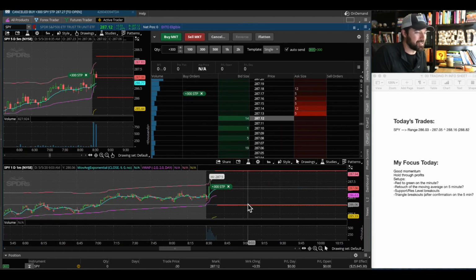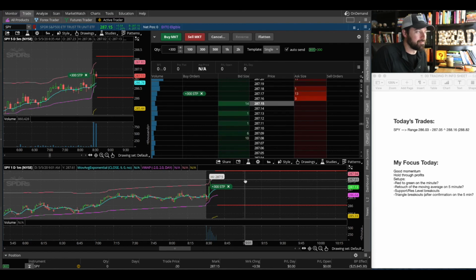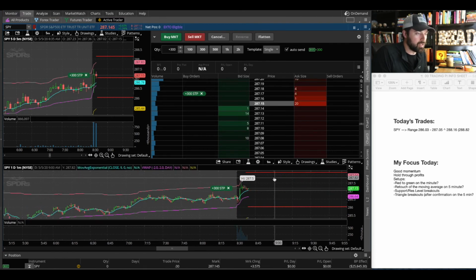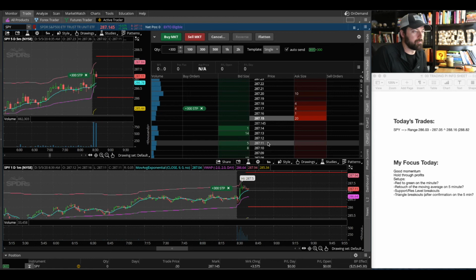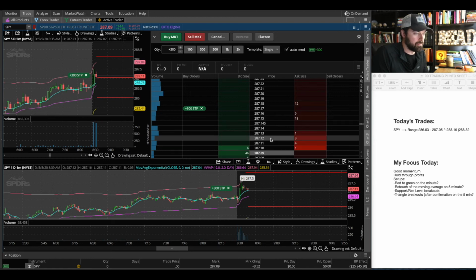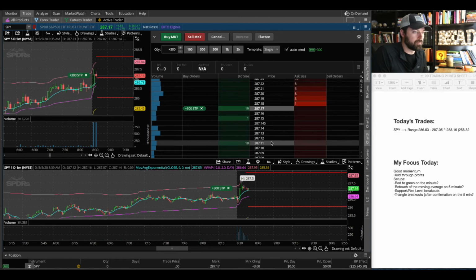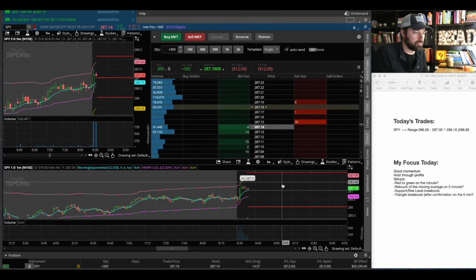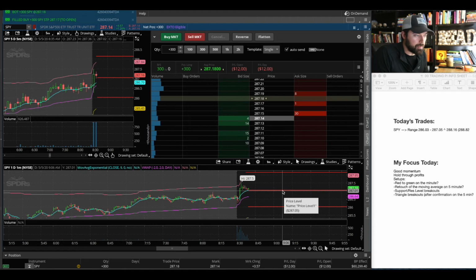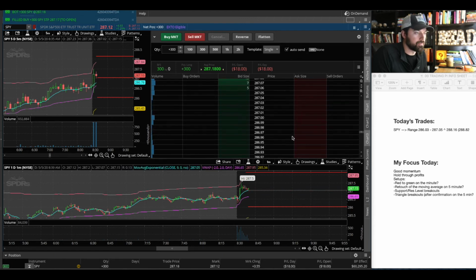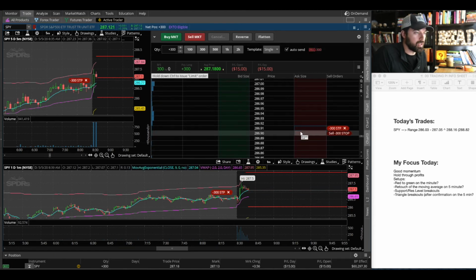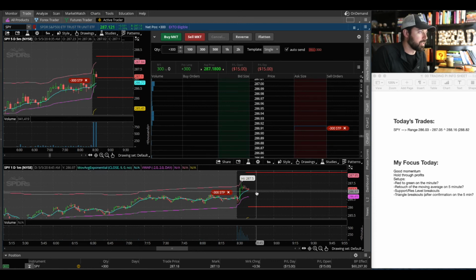It's getting slower. Okay, I'm going to set my stop just below that at 287.01. And because it's slow, I'm going to set it way below.